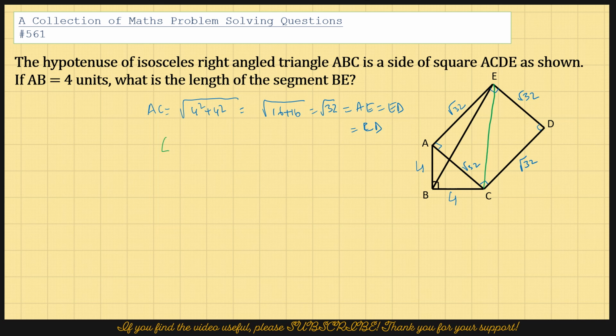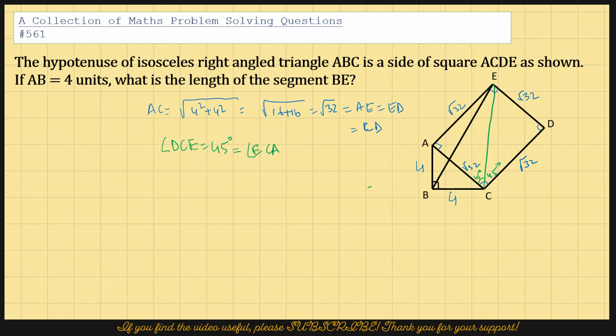So what happens is, let me explain this, angle DCE equals 45 degrees, and that equals angle ECA. So that is 45. This is also 45.